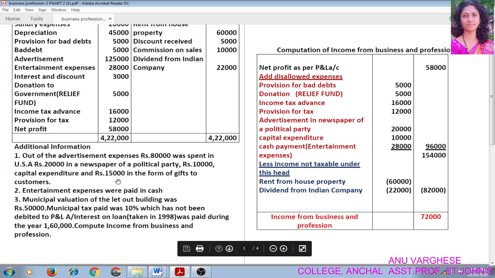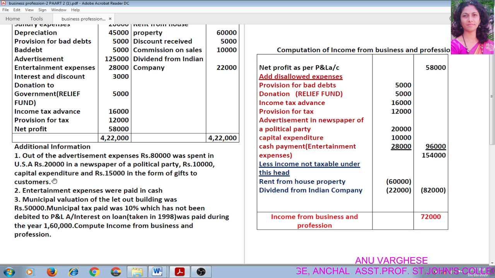Next, rupees 15,000 in the form of gift to a customer. That is advertisement expense. That is an allowable expense. Okay. Next one, entertainment expenses were paid in cash. Remember that if there is any cash payment and if that cash payment exceeds rupees 10,000, that is a disallowable item.